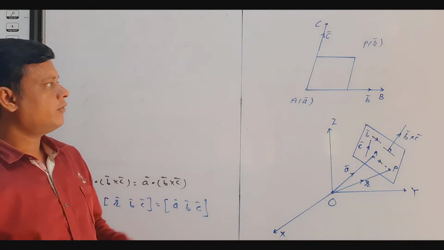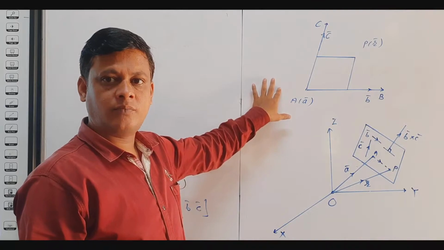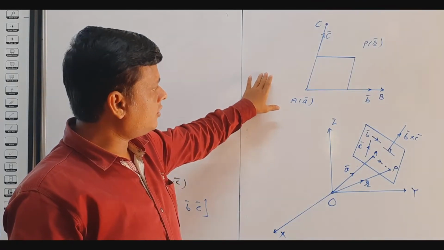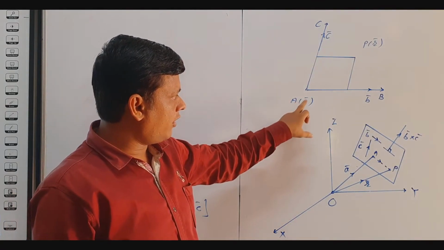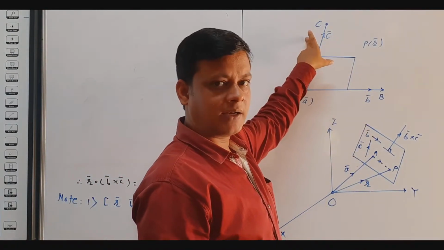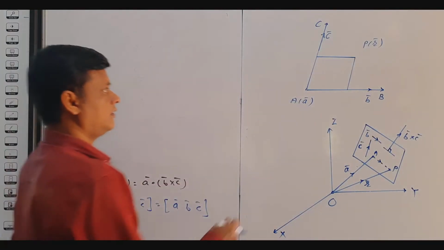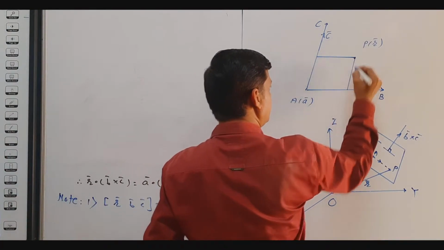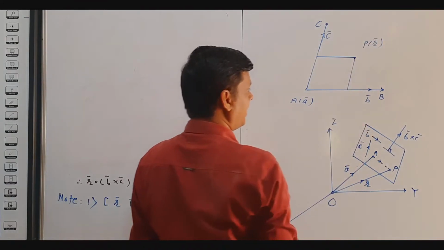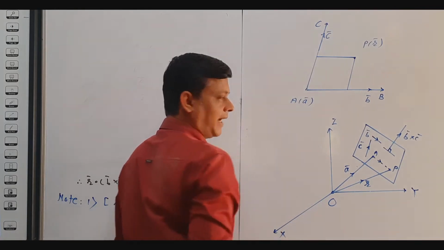Now we find the parametric form for the equation of the plane passing through the point A of A bar and parallel to the vectors B bar and C bar. So for that we consider this point P with position vector R bar and the given plane passing through the point A of A bar.